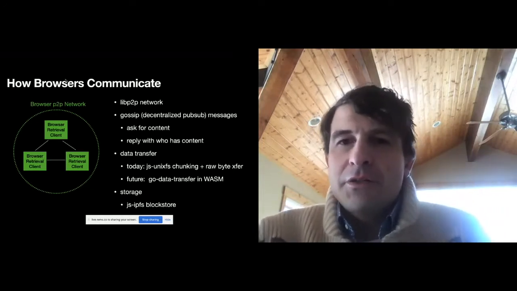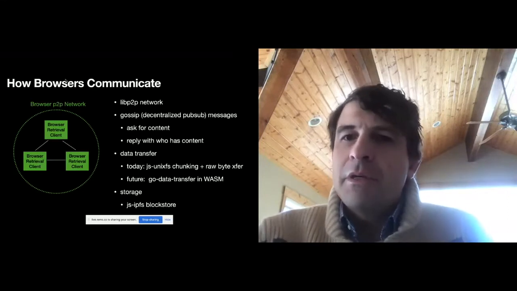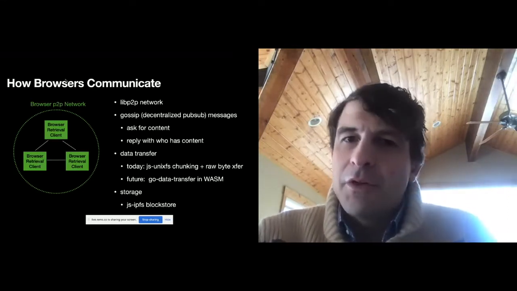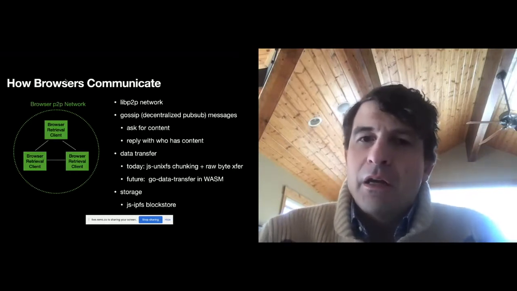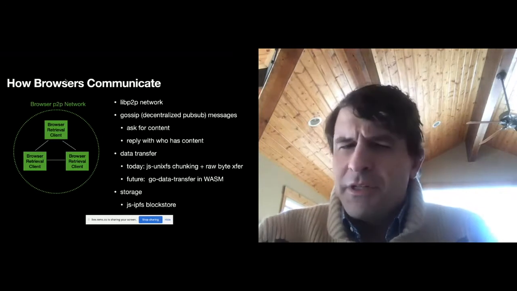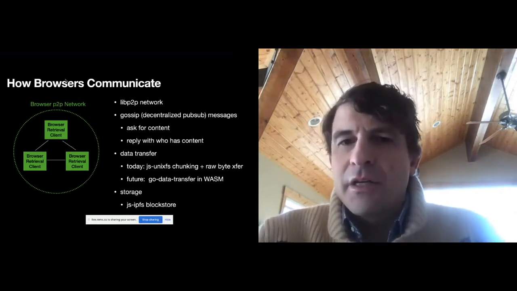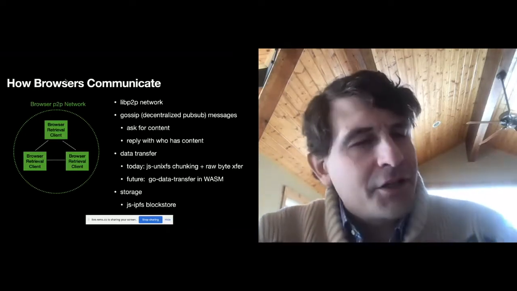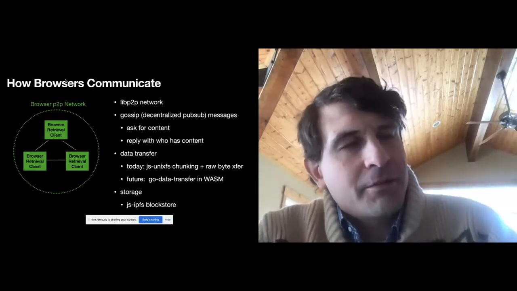They communicate using Gossip, which is one of libp2p's decentralized pub/sub mechanisms. We support a couple. The best one is Gossip, also known as GossipSub. And it's pretty simple. A browser can ask for content. So when the user puts in a CID, I should just pause for a second on the concept of CIDs.